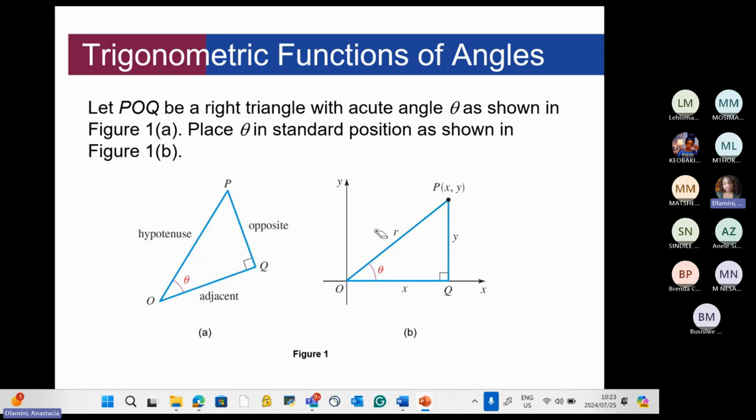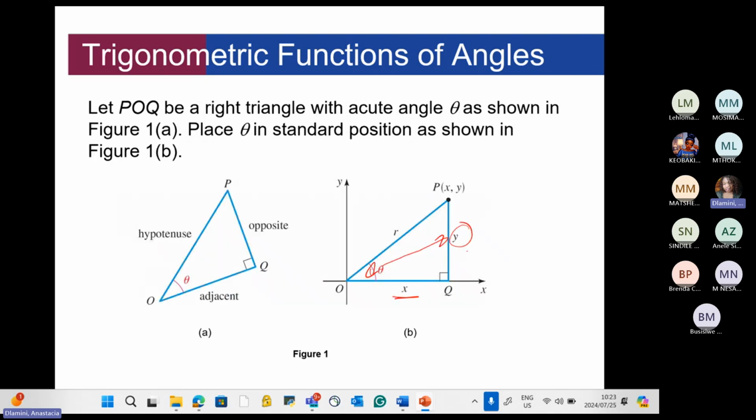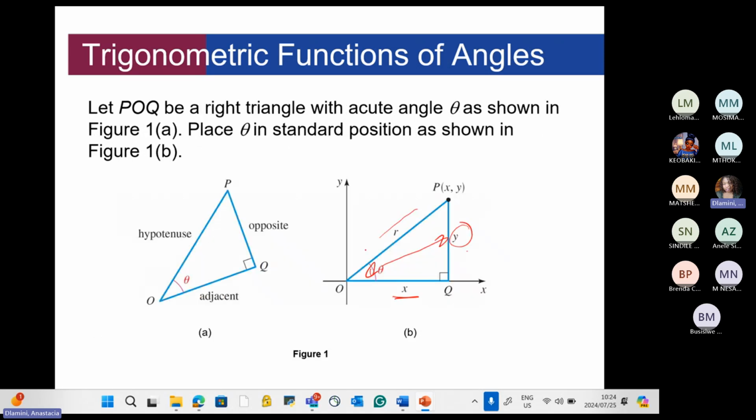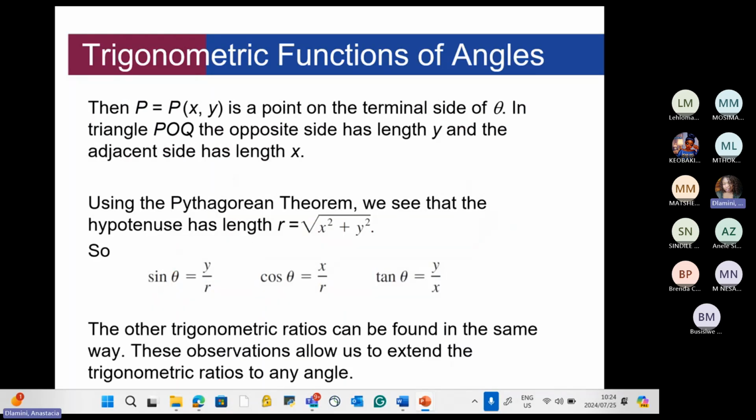Opposite to theta is the side y, and the adjacent side has length x. Using the Pythagorean theorem, we see that the hypotenuse has length r, where r squared is x squared plus y squared. Are we all together?